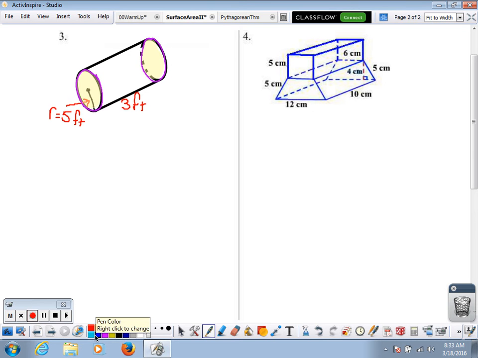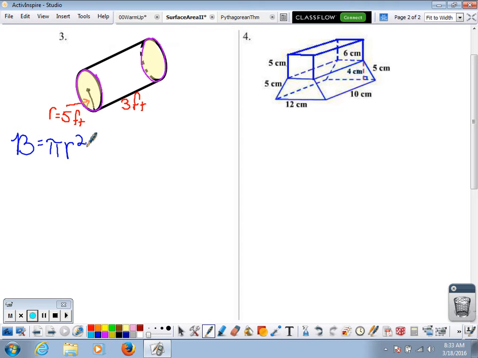Now, I want the area of that base. From earlier in this class, what did we say is the formula for area of a circle? Morgan? Uh-oh. Give her a hand, Pamela. Pi times the radius squared.